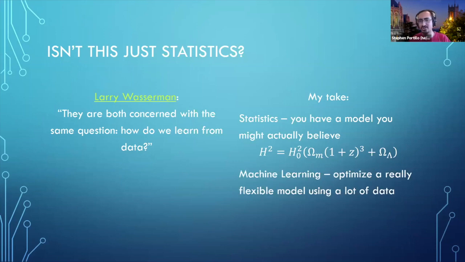Whereas by contrast, I think the idea in machine learning is that you don't believe the parameters in your model actually have anything to do with physics, but instead you're trying to use a really flexible model and you're going to throw a lot of data at it and just see what happens. And I think this is a useful starting point, especially if you're not sure what the right model is.